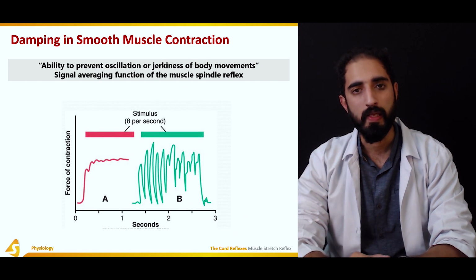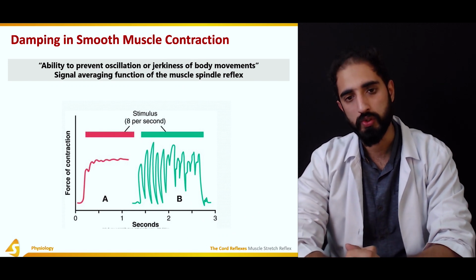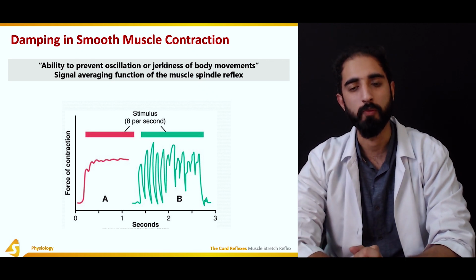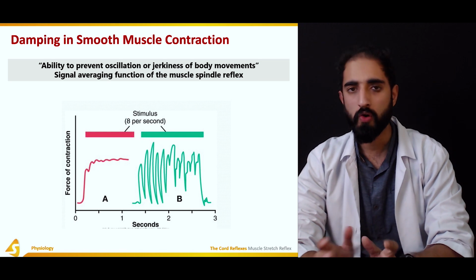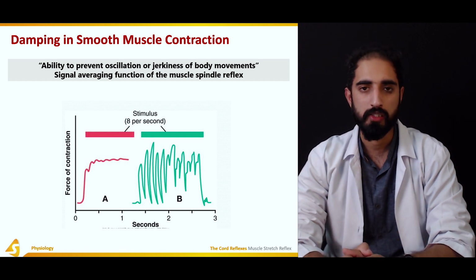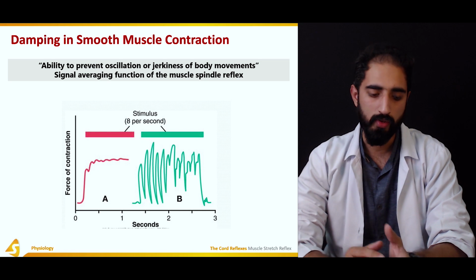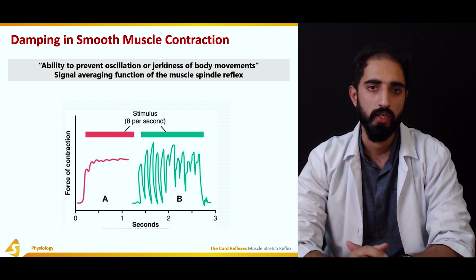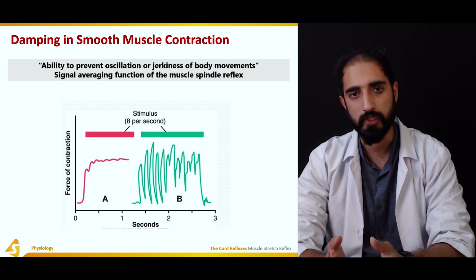Another important phenomenon which is associated with this muscle spindle function is damping in smooth muscle contraction. Whenever we take a look at any activity, there is consequent contraction and relaxation, occurring throughout the day and in any activity.